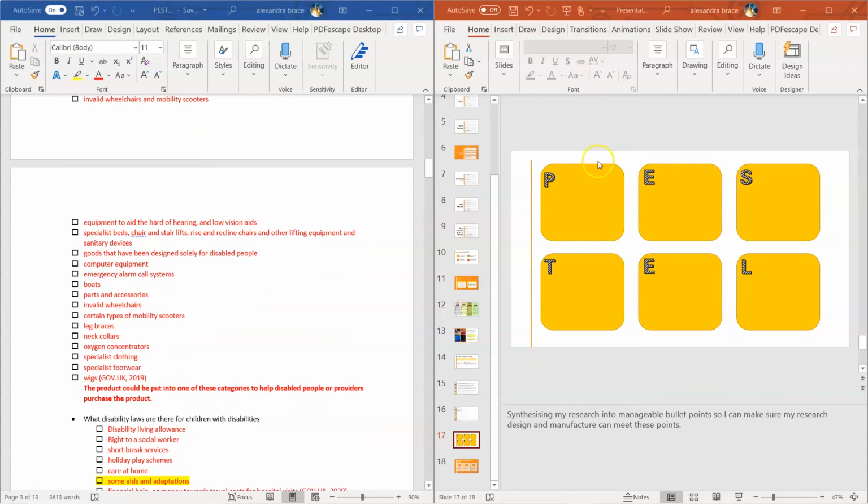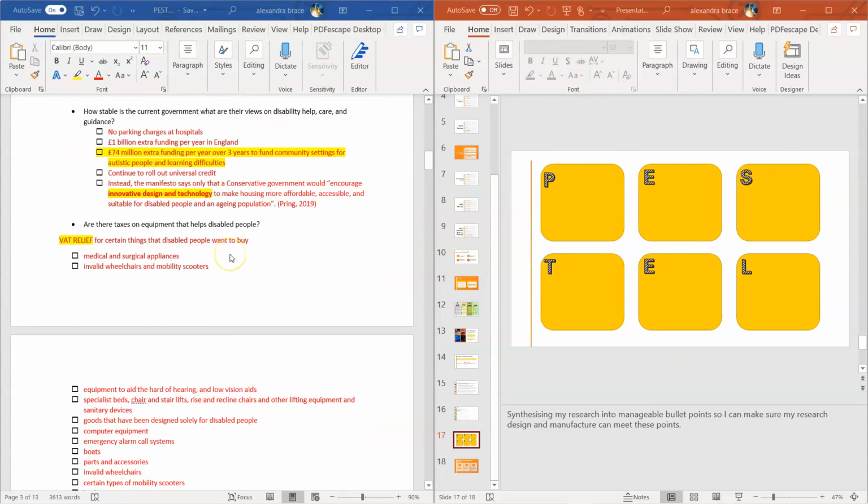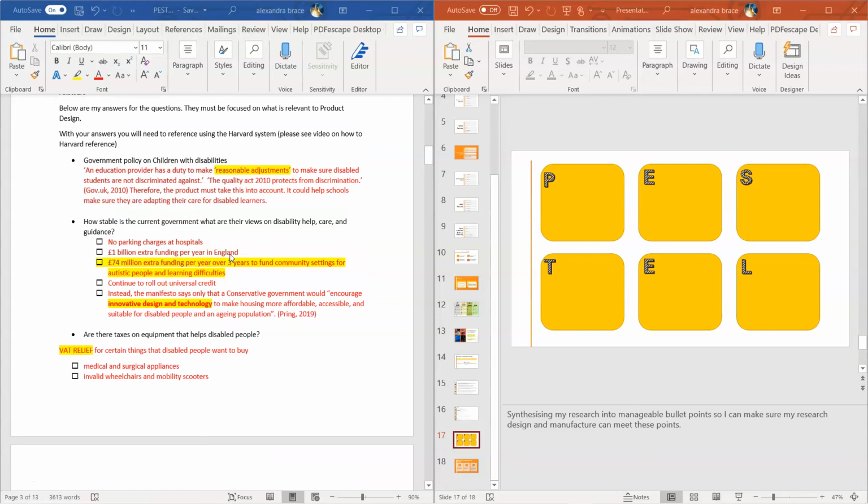So I've got my PowerPoint on the side here, and I've got all of my research in this Word document. I've gone through each section, so I've looked at the political factors and I've highlighted the key research that I think are going to be important to my designs.